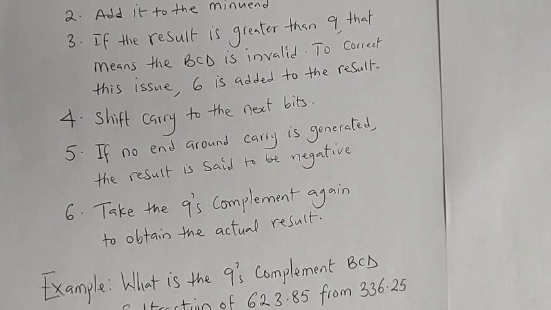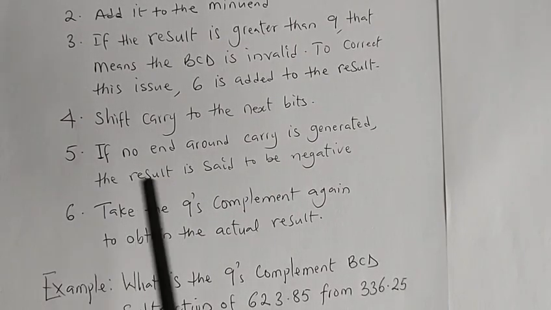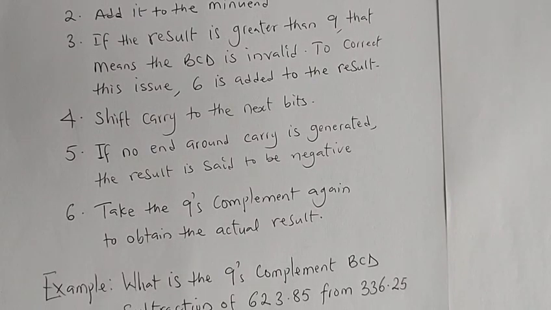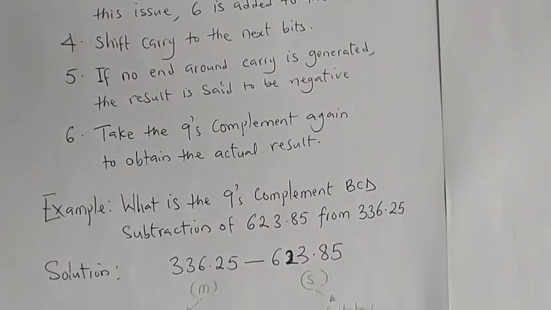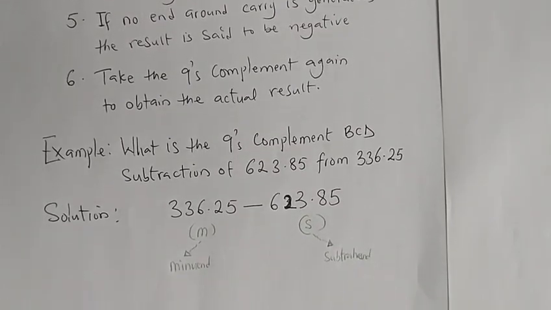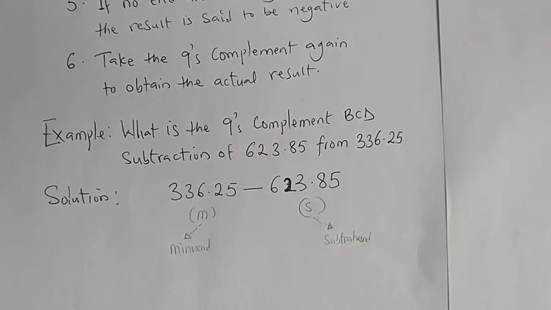Now these are the rules we need to implement when solving a BCD subtraction of 9's complement, considering a situation where we have to subtract a larger value from a smaller value. Now let's take an example and see how we can implement all of these rules.